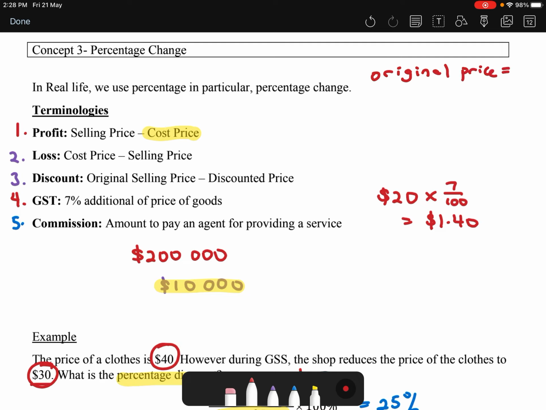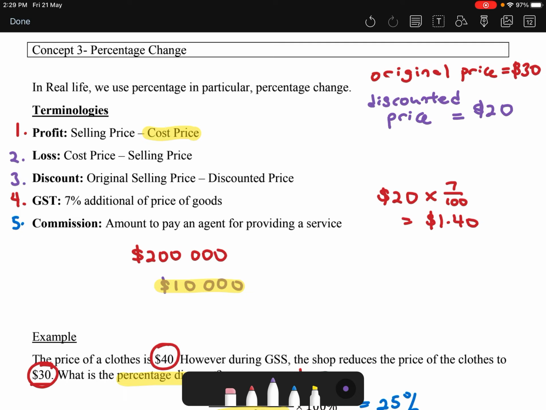I'm selling maybe a shirt, $30. During the Great Singapore Sale, I give some discount. So the discounted price is maybe $20. I know that I gave about $10 discount, but how do I express this $10 in terms of percentage?